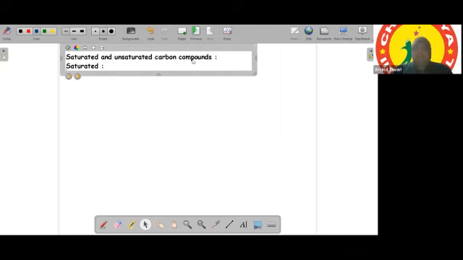Saturated hydrocarbons have only single bonded carbon atoms.